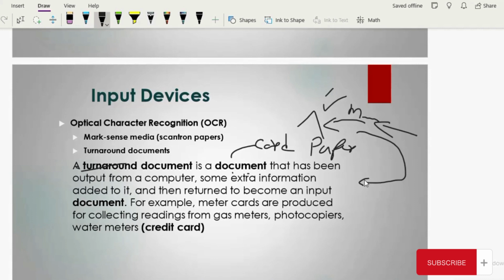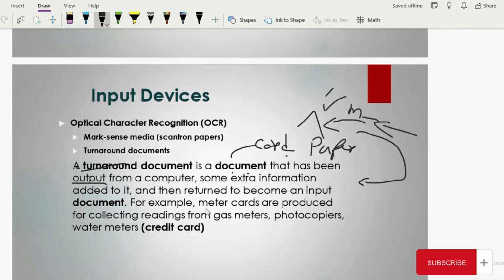The most common examples are the electricity meters or the water meters outside your houses. They have a program which is generated by the system, so it is output by the system.